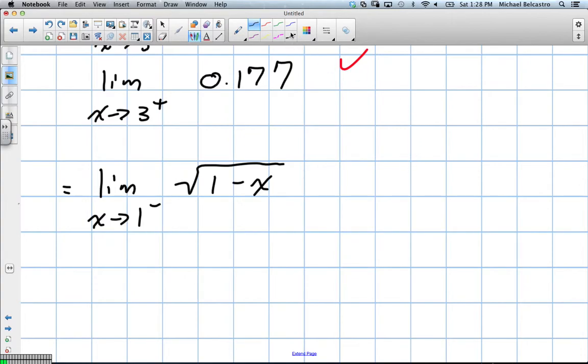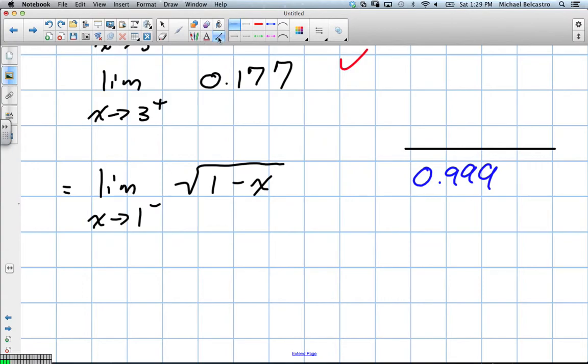You could say 0.999. That would be just to the left of the number 1 on the number line. We can make these numbers even closer and closer as much as we want.